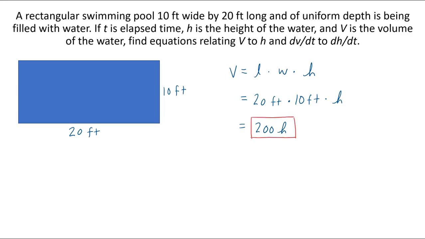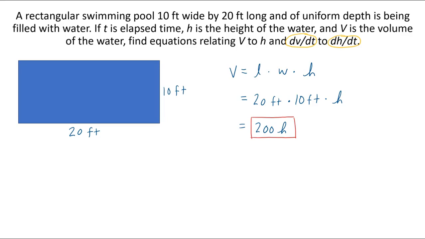The second part of this is that we want to find an equation relating dV over dt to dH over dt. Okay, so what does that mean? Well, dV over dt is, of course, the derivative of V with respect to t, which is time. So dV over dt tells us how the volume is changing at any given time.